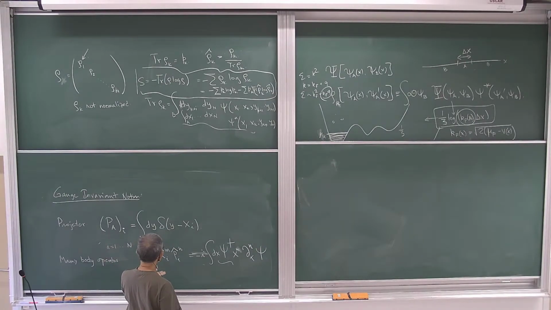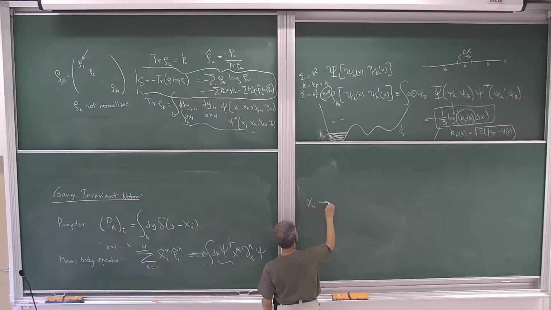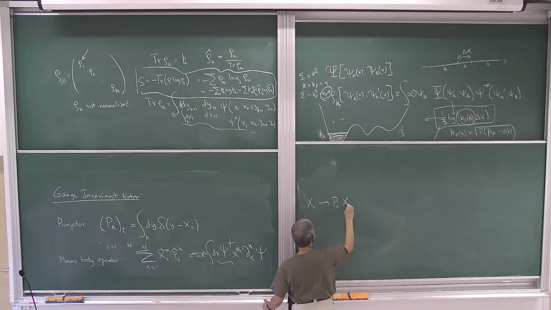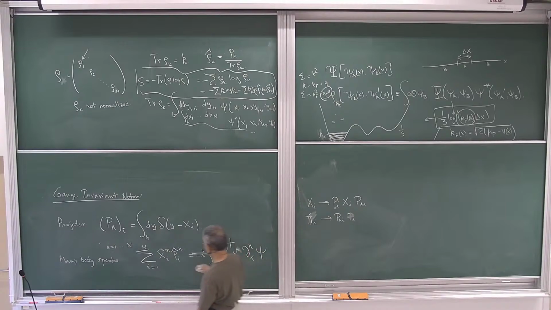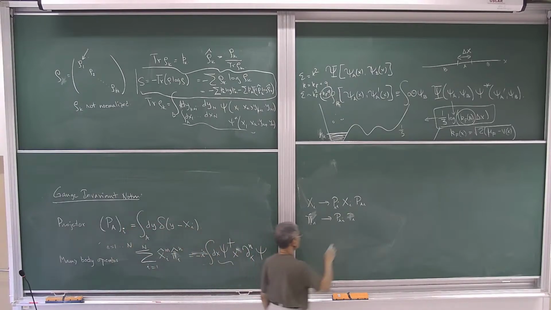Given some operator like this, you replace that operator where all the x_i's are replaced by their projections, and all the p_i's are replaced, where p_i is the conjugate momentum.